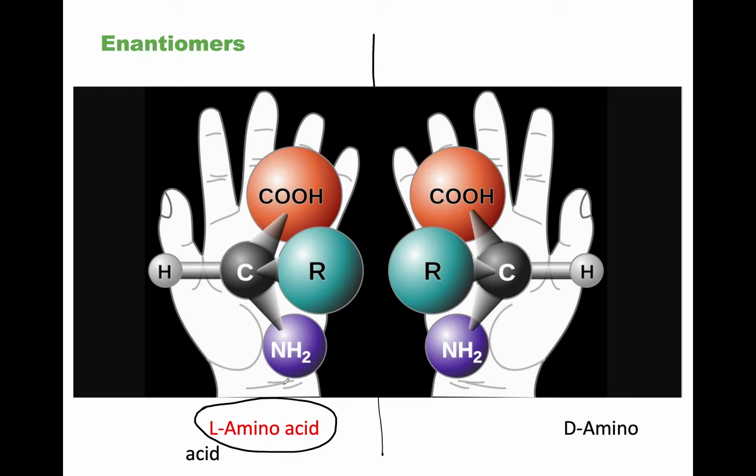So the amino acids in nature are this enantiomer, not that one. So if you were to, let's say, take protein supplements that would have D amino acids, you wouldn't be doing yourself any favor because the amino acids won't be incorporated in your proteins.